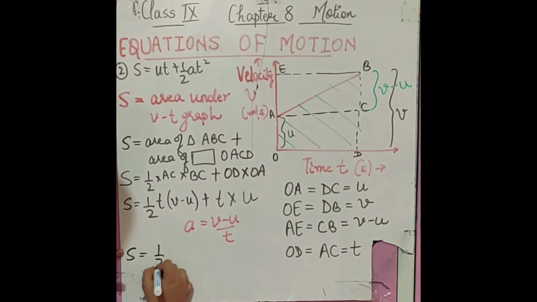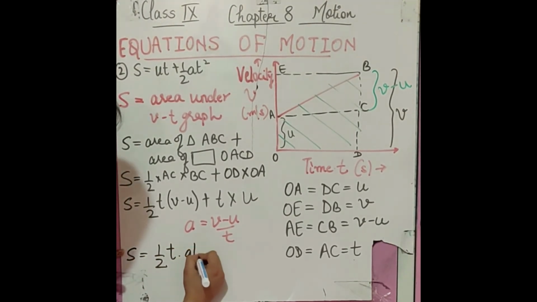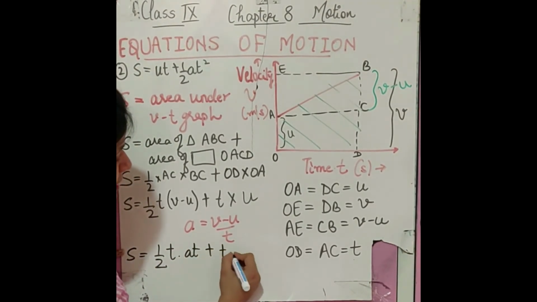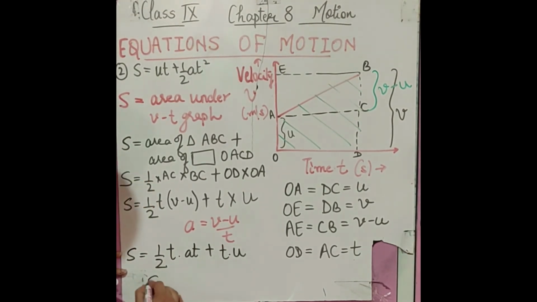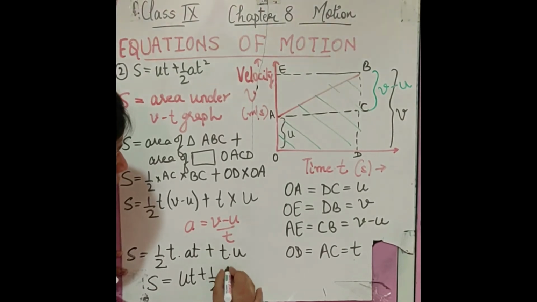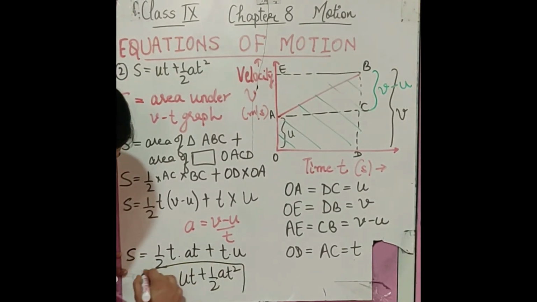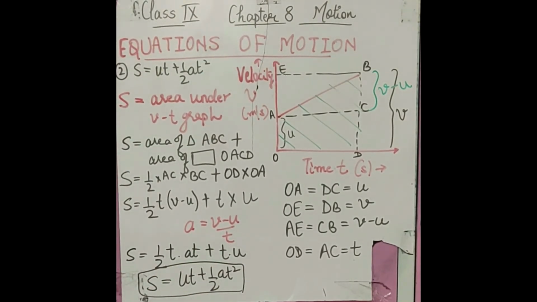So we get half T into AT plus T into U. So this can be written as S is equal to UT plus half AT square. So I guess this is the easy derivation that we get over here.